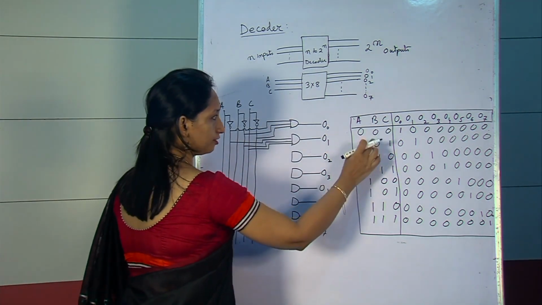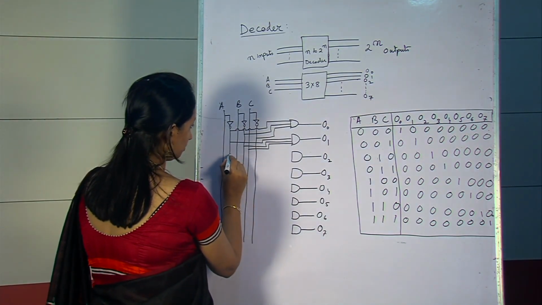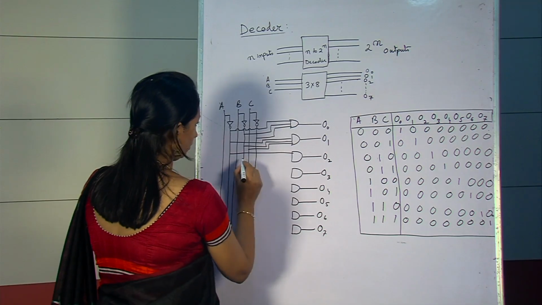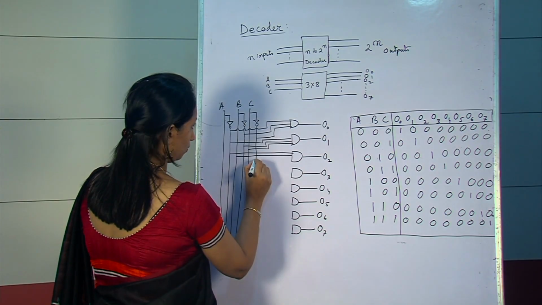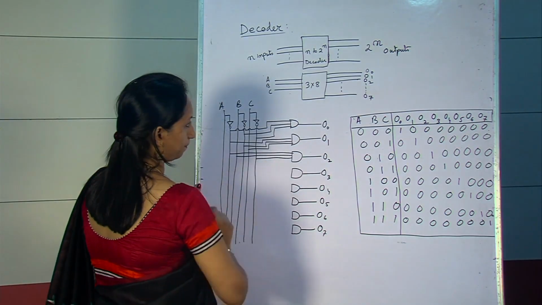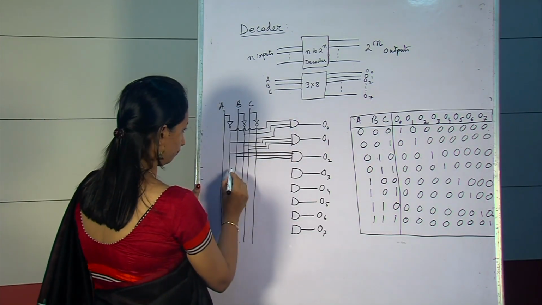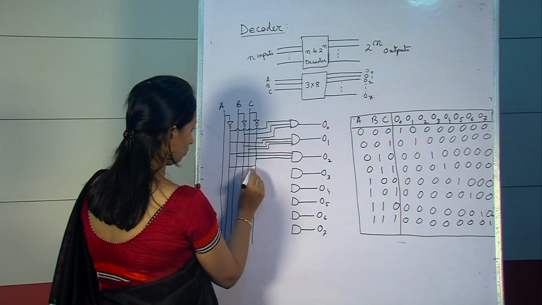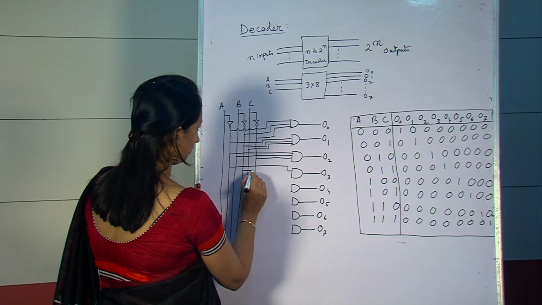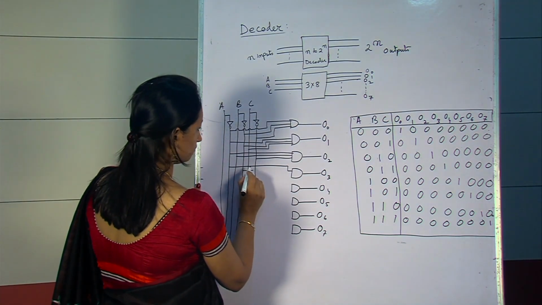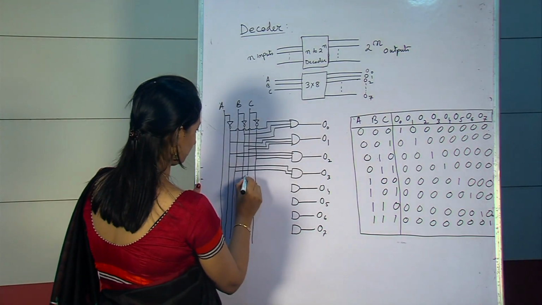Then for the third case, B is high, A and C are low. So A is low, B is high, and C is low. For the fourth, B and C are high, A is low. So A is low, B is high, and C is high.